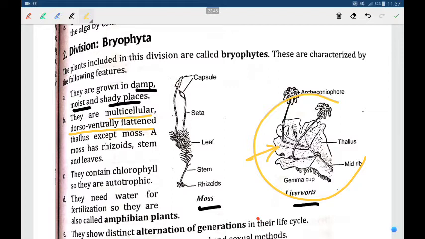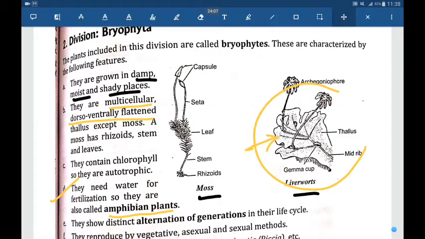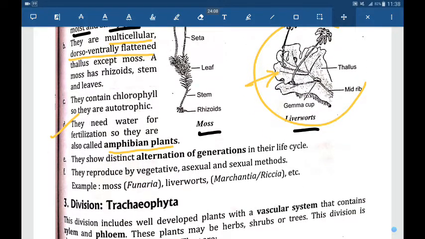very less developed. And one thing here in question number D, they need water for fertilization. These plants grow on land, but they need water for fertilization. That's why they are called amphibian plants.